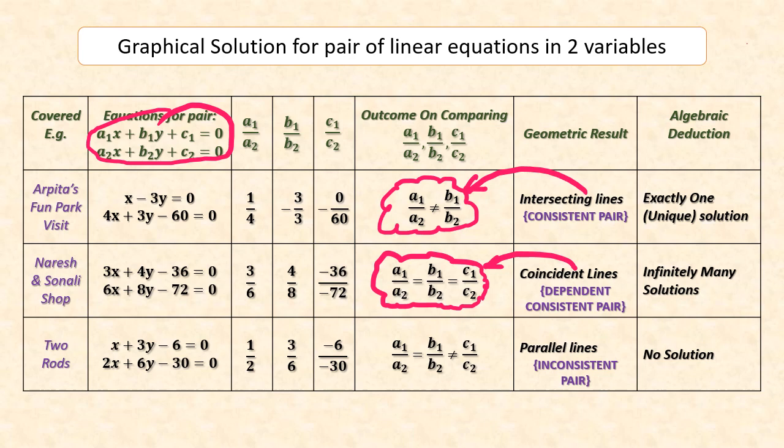And parallel when A1 by A2 is equal to B1 by B2 not equal to C1 by C2. The converse of the above is also true: we first find the ratios, and then predict if the lines are intersecting, coincident or parallel.